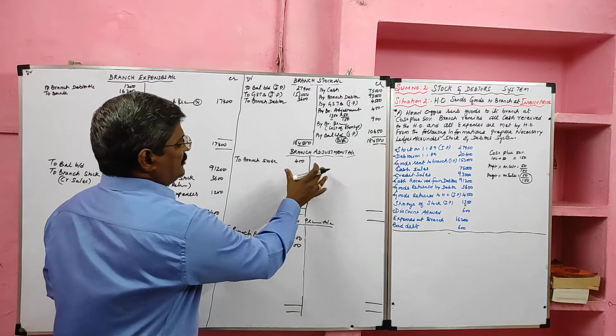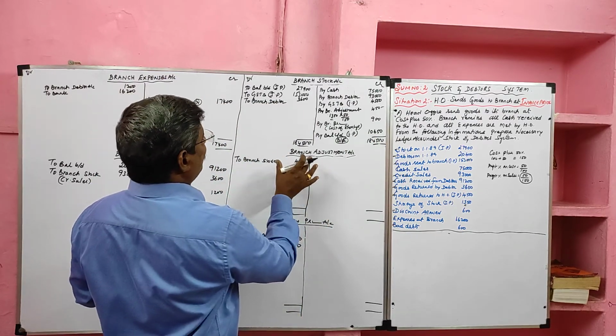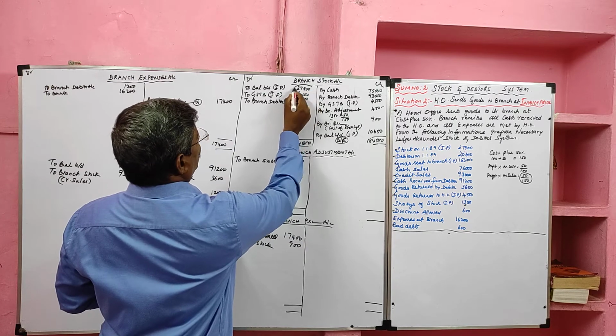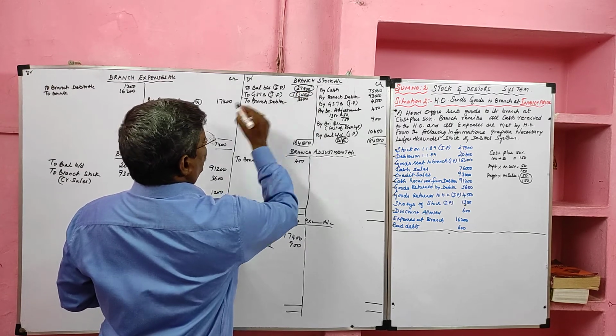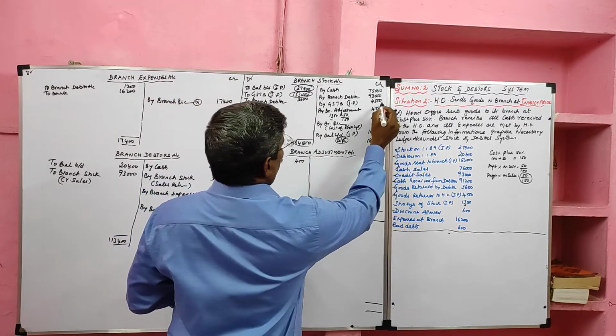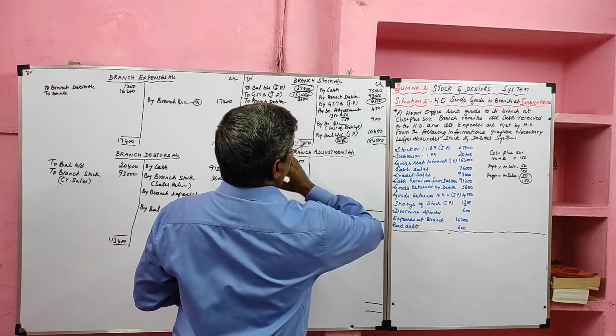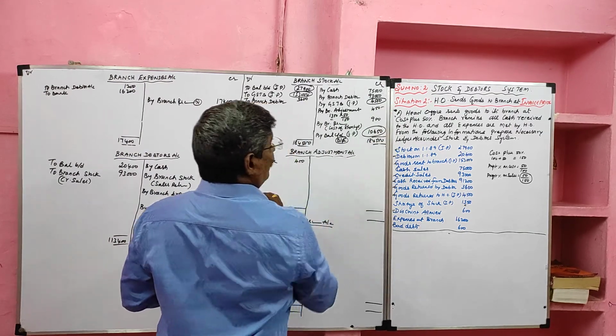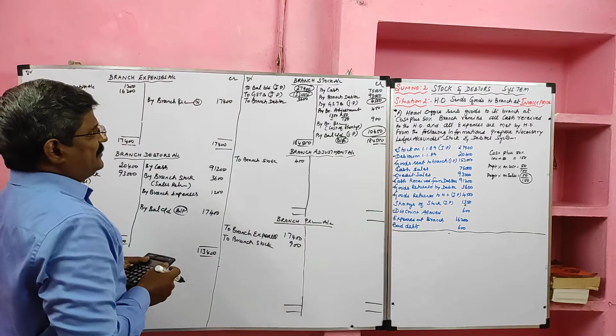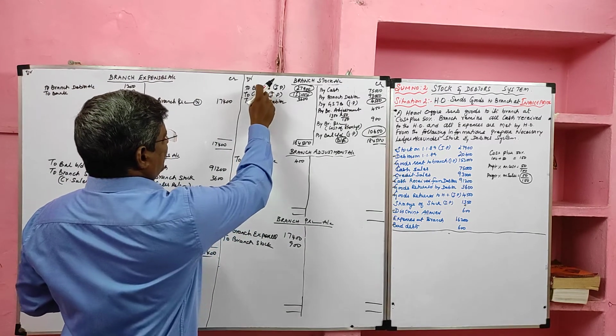Now in branch adjustment we are going to take stock reserve. We have to take stock reserve on opening stock and on goods sent to branch. In the credit side we have to take stock reserve on the goods returned to the head office and on the closing stock. Here opening stock is recorded in the debit side.